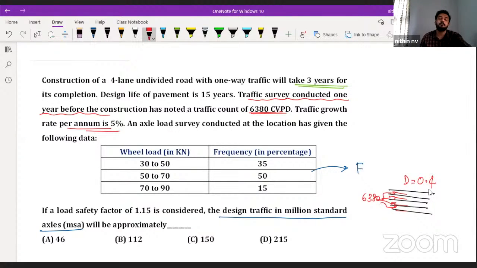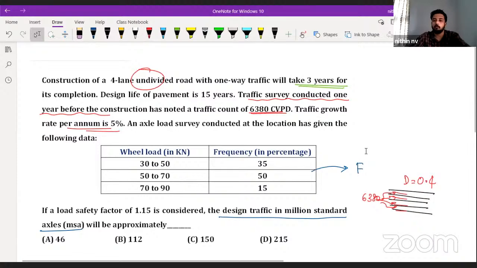What you can do, I told you, in last year's session we have done this. I told you to watch that already. In that, I have taken a 4-lane divided road instead of undivided, and then I have given the traffic in both directions. You just go through that video, then you will get different kinds of questions.